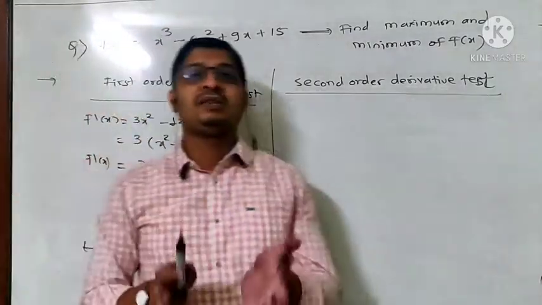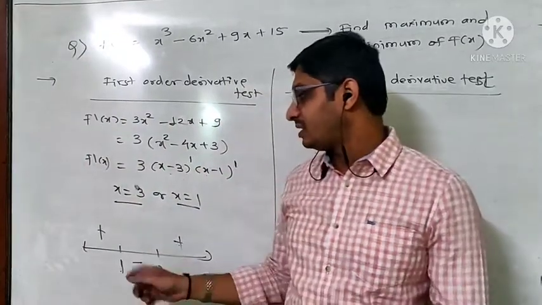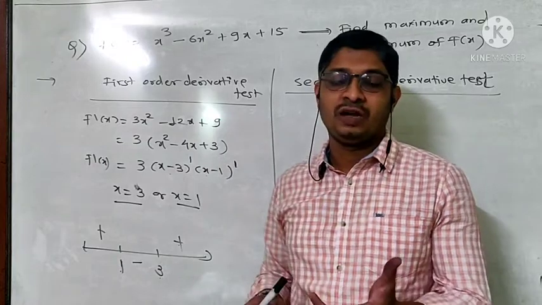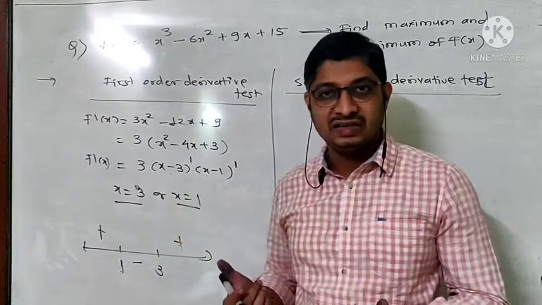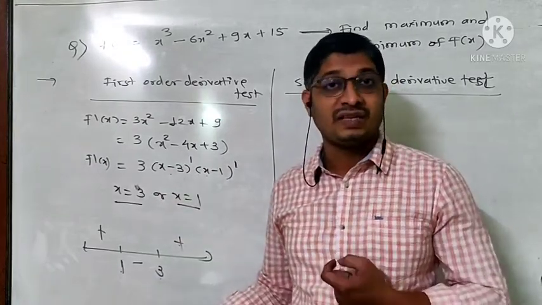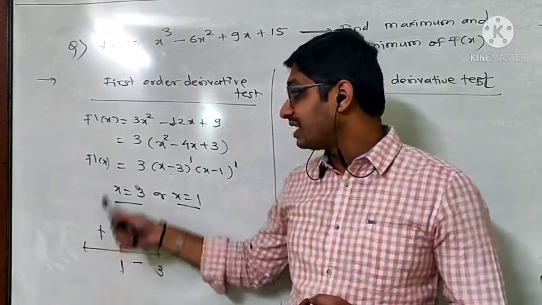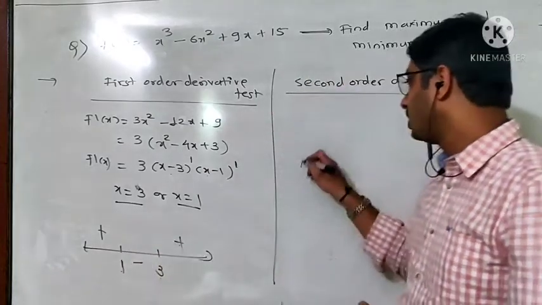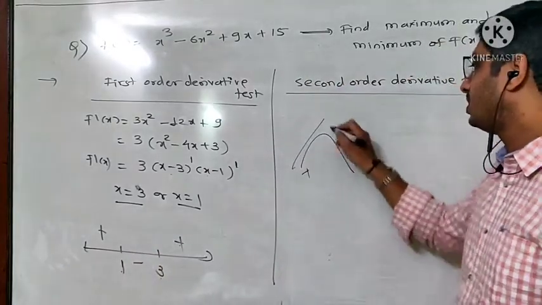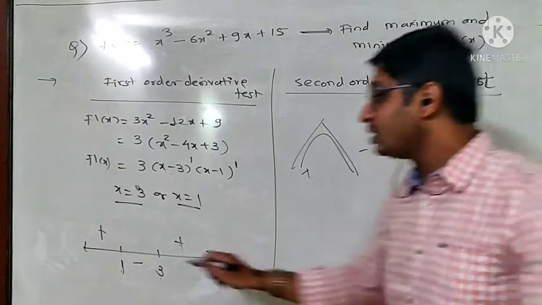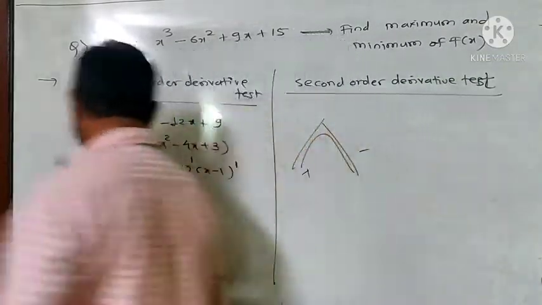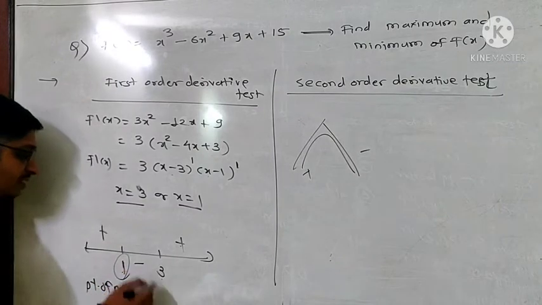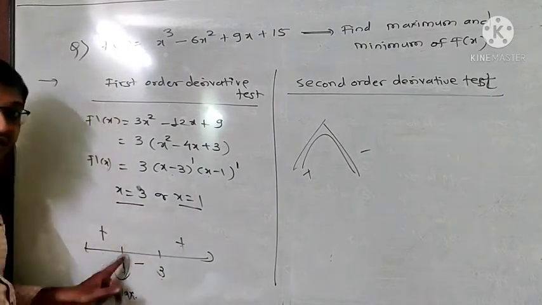Either use basic common sense, that means f dash of x is changing from plus to minus or minus to plus, or we can use the increasing decreasing concept. From that we can find the maximum or minimum. Here f dash of x is changing the sign from positive to negative, so this will be positive, this will be negative, so this will be the point of maxima, and this will be minus to plus.